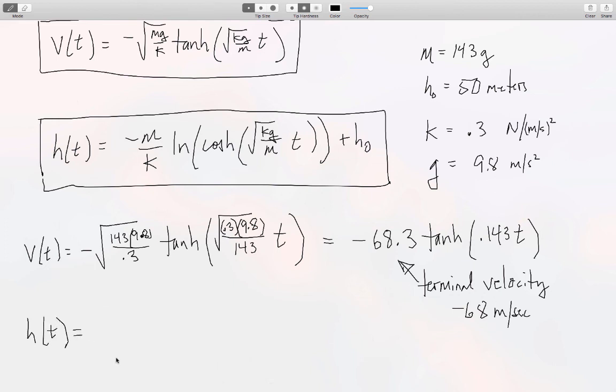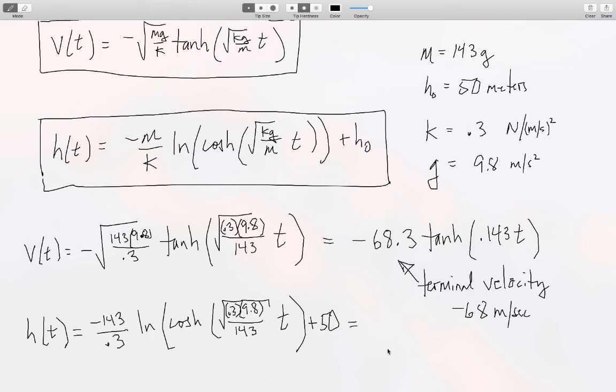So now we've got negative m over k, so this is negative 143 over k, which is 0.3, natural log hyperbolic cosine of the same coefficient here, square root 0.3 and 9.8 over 143 again, t, and I had an initial height of 50 meters.